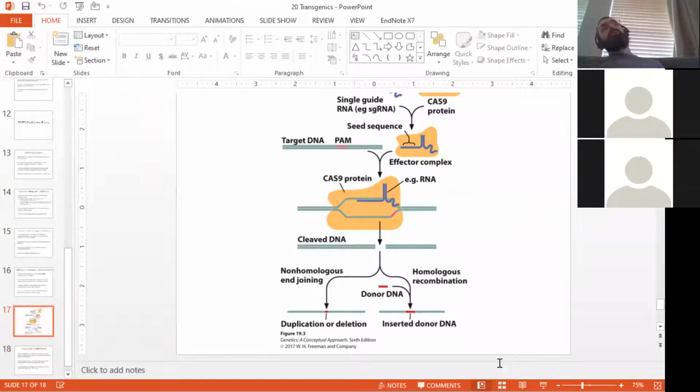But potentially, yes. If you had a mechanism of getting this whole system in, you'd need to get both the guide RNA and the Cas9 protein expressed in those cancer cells. If you could do that, say, via a modified virus which only infects cancer cells, and I think they've been trying to work on those.